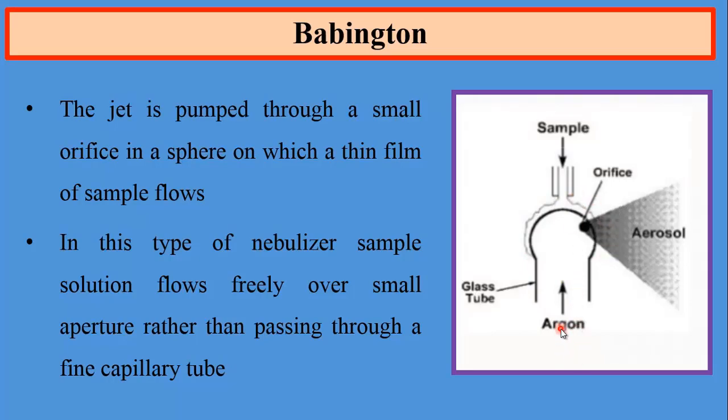This is inert argon gas and this is a small orifice from which the gas injects the sample and converts it into an aerosol with high pressure. Samples flow freely over a small aperture rather than passing through a fine capillary tube. So here this is the main sample source.